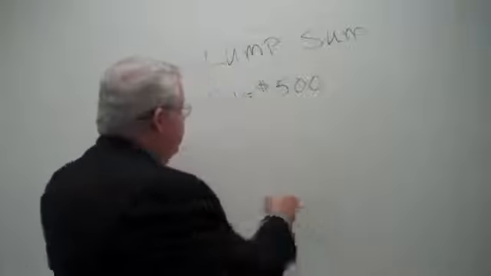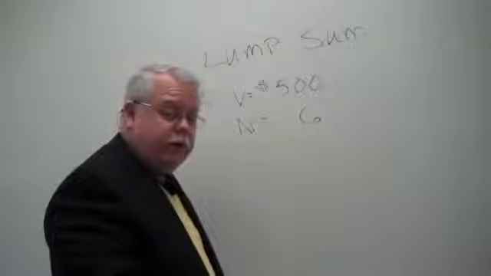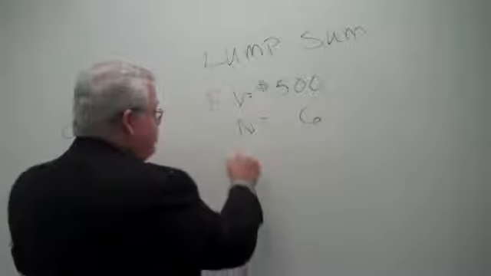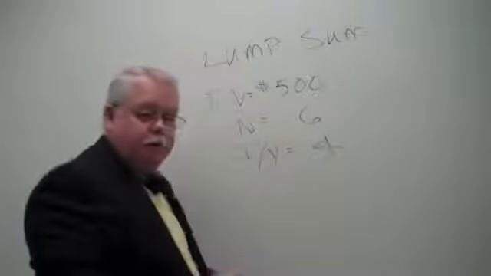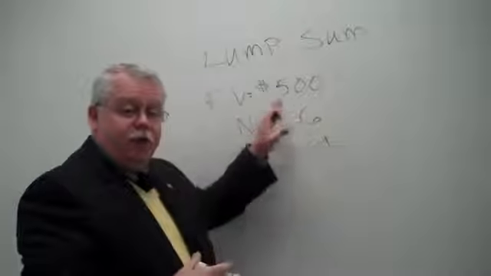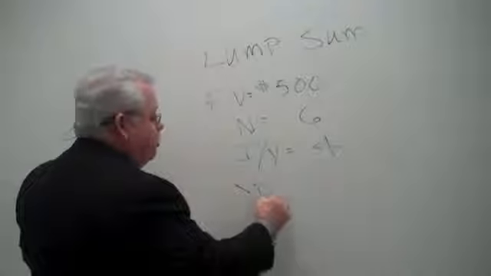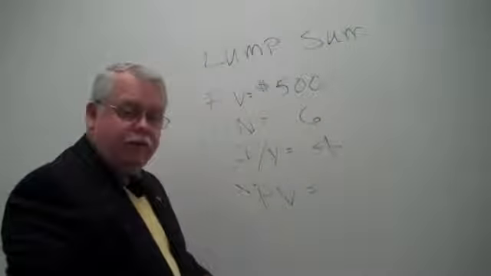Given that you're going to have to wait for 6 years before you receive it, and given that what that money could be doing is earning an interest rate of 4% per year. I'm making these numbers up, right? What is that $500 worth today? What is the present value of that $500?